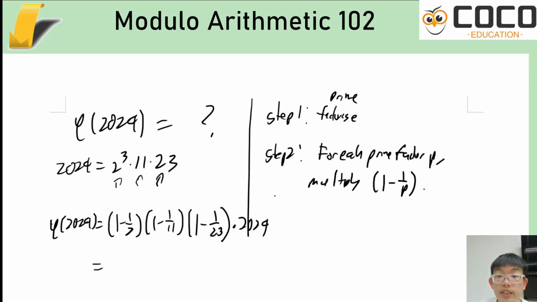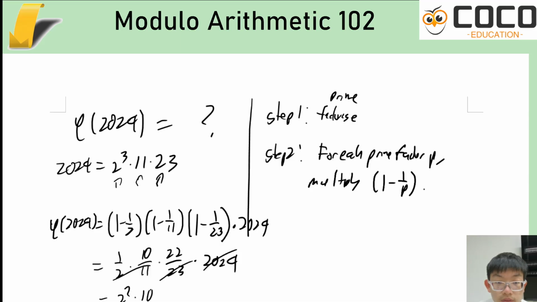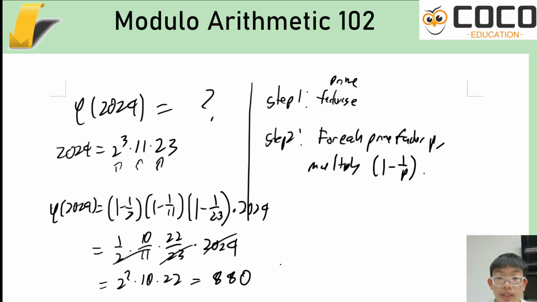Now this will always be an integer, right? Because you're dividing off by its prime factor, so it's not really going to be a problem. You will just have all of this cancels off in our case and leaves us with 2 squared, which is 880.